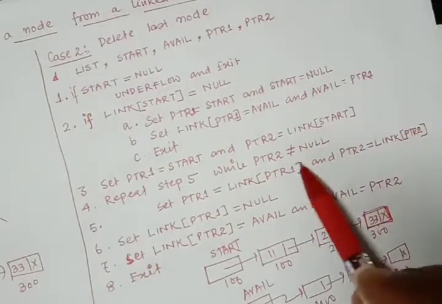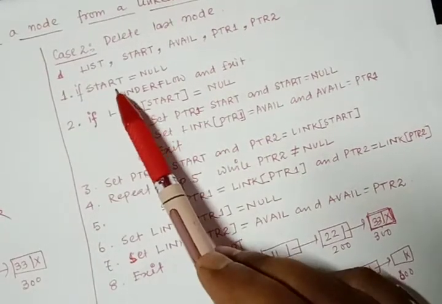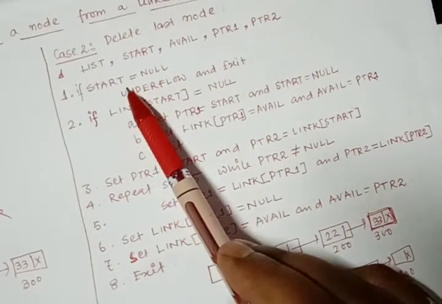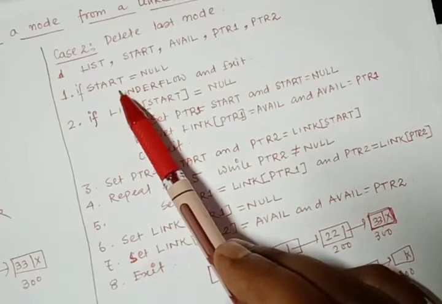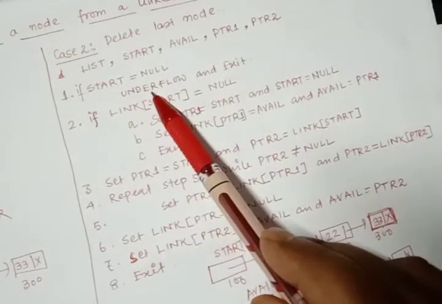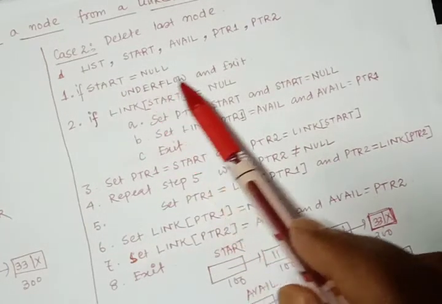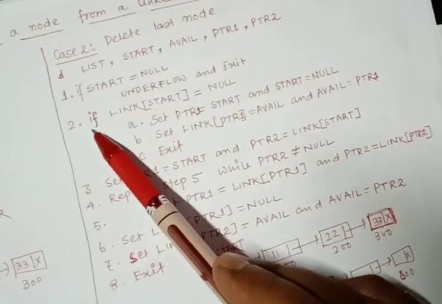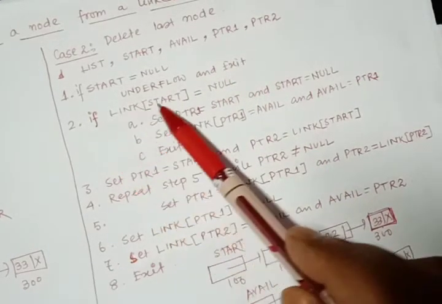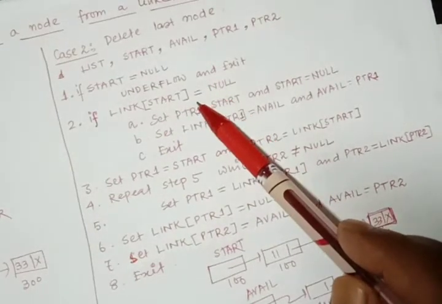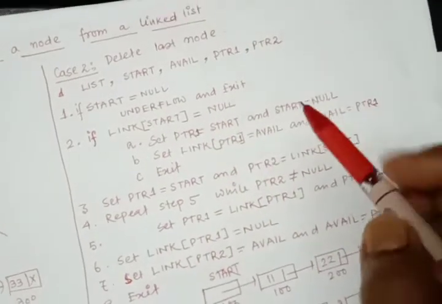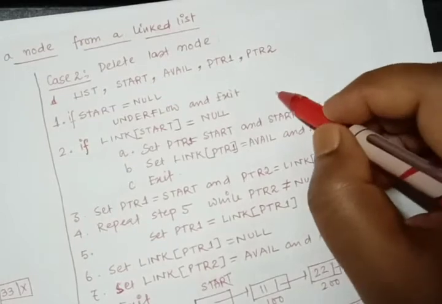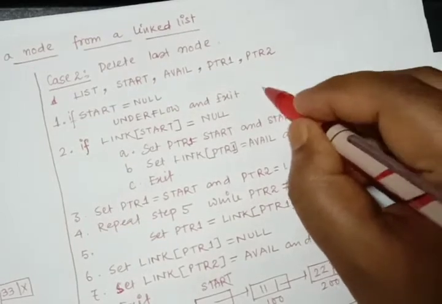Here you see. As I already told, we have to check first whether start is null or not. If start is null, then it will simply print underflow and come out of the program. The second case, if link of start equal to null, this indicates that the linked list contains only one node.